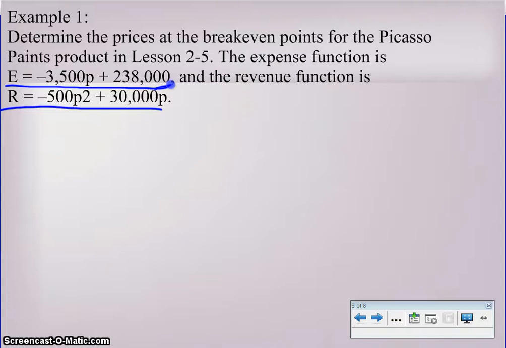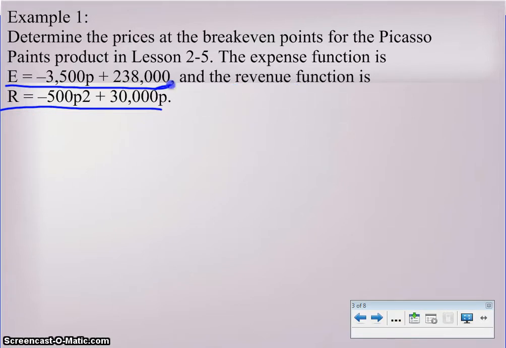And remember that what we're looking at, break even, is where the revenue equals the expenses. No money is made, but really no money was lost either. They just made exactly what they had in expenses. So if we set it equal, expense equals revenue.